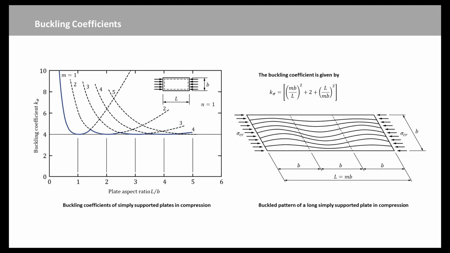In most structural steel members, the aspect ratio L over B of the plate elements is large, so that the value of the buckling coefficient K sigma is always close to the minimum value of 4. Therefore, the elastic buckling stress can be closely approximated by this equation.